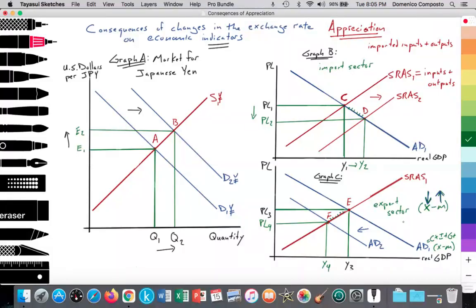Whereas in graph C, if we look at the export sector of their economy, a stronger yen makes it more difficult for those firms to export, and it can also lead to a rise in imports by Japanese consumers for necessities and luxuries, AD shifting in, a decrease in the quantity of aggregate supply from the export sector, leading to rising unemployment in resources, and putting downward pressure on GDP.